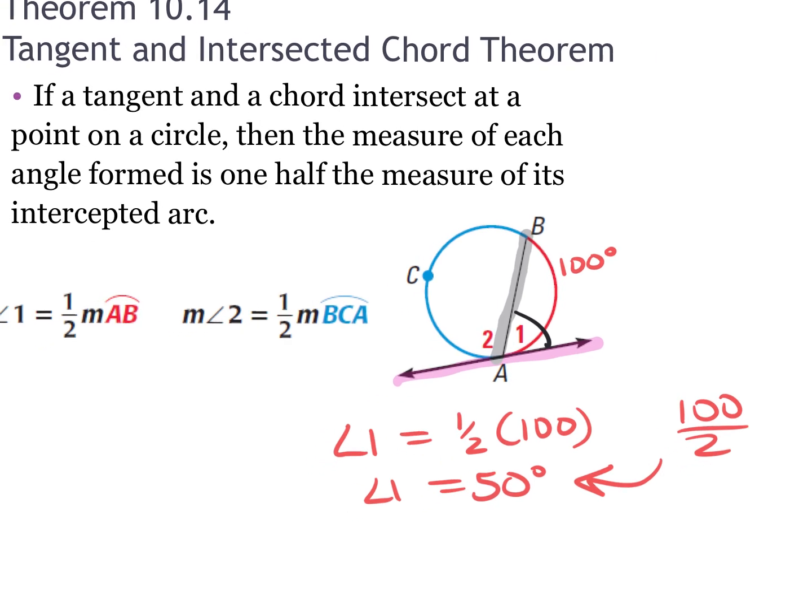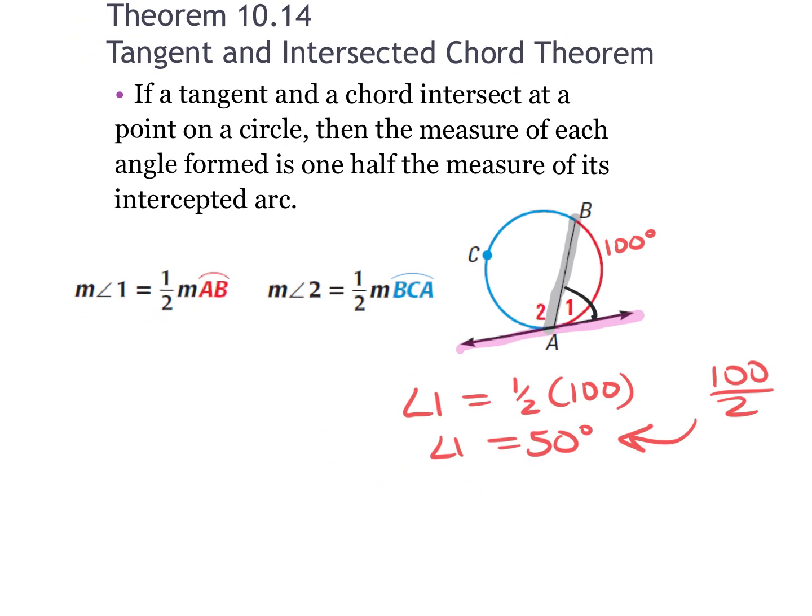Now notice angles 1 and 2, they're sitting on a straight line, that tangent line, and they're going to be supplements. So the easiest way to find angle 2 would just be to do 180 minus 50, and angle 2 would be 130.